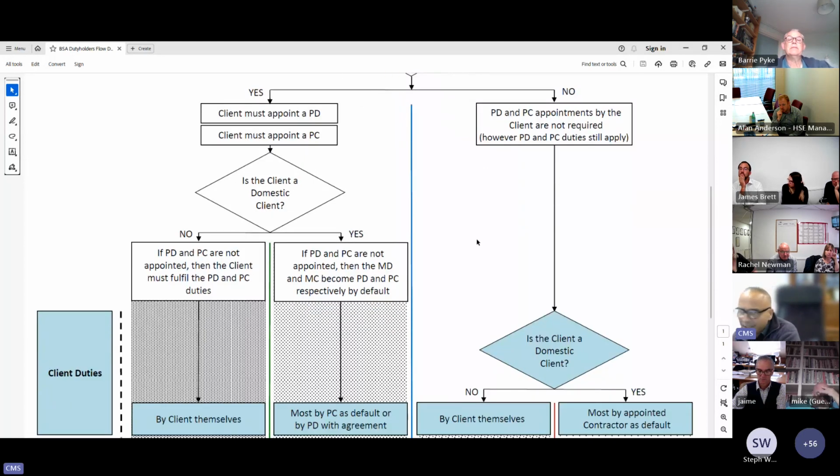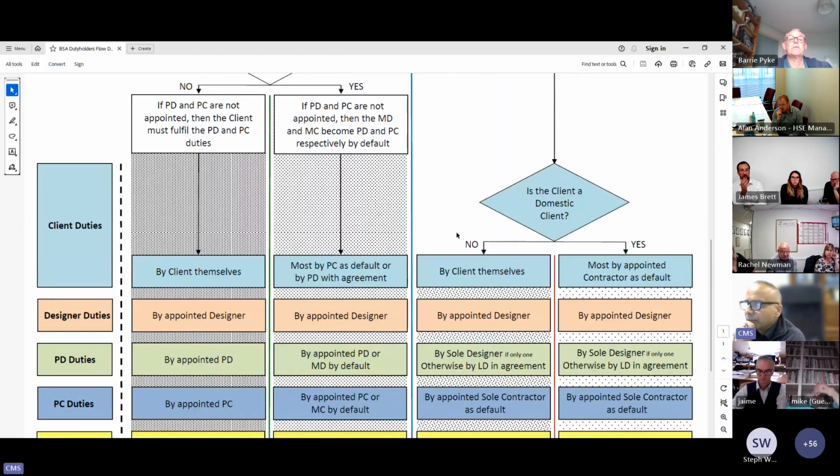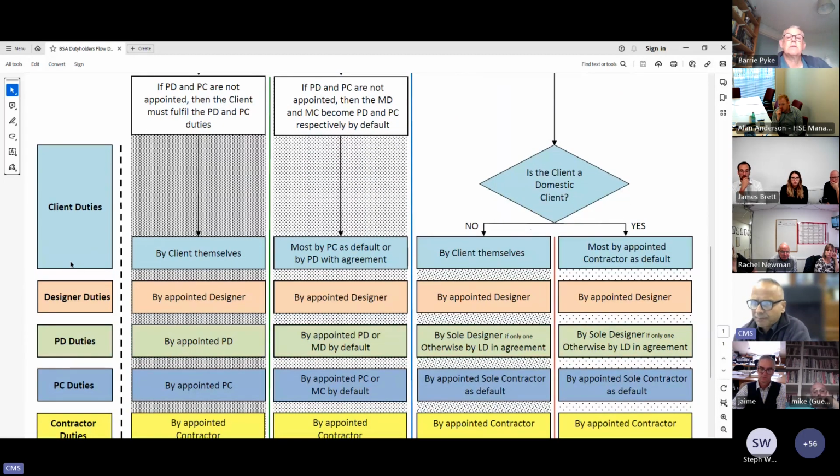Now let's stick with the right-hand side of the blue line there with me. I am talking about the client duties, the light blue sections. Again, the right-hand side of the middle blue line here. The question I'm asking is, is the client a domestic client? Because the situation will be different if it's a domestic client.